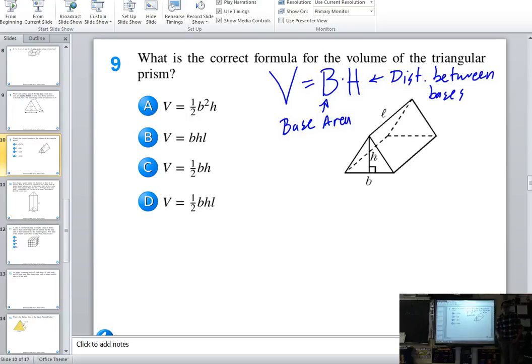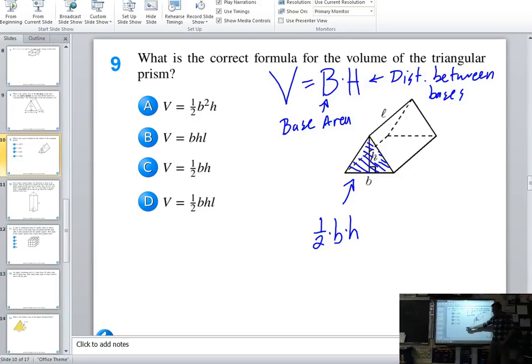To find the base area here, it's a triangular prism, so the triangle is my base. We've already talked about area of a triangle. This would be 1/2 little b, little h, using the little b and little h that they have right there.